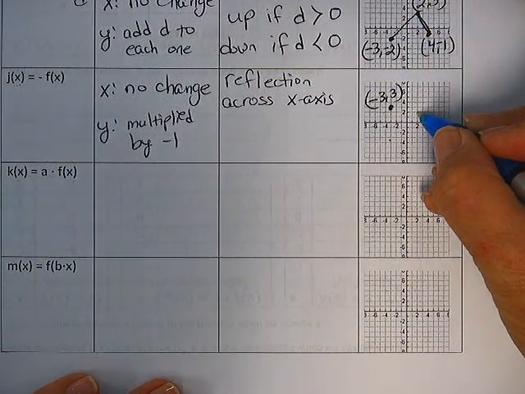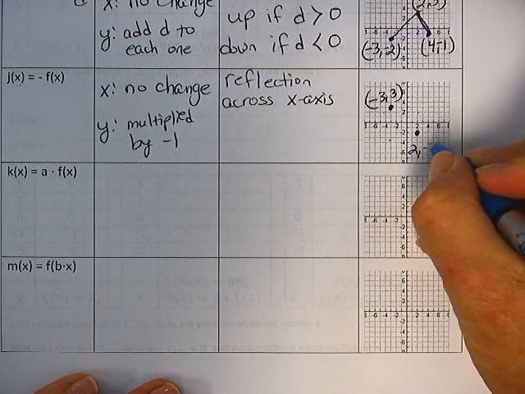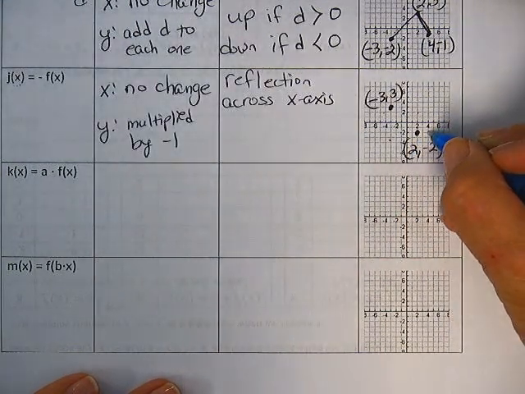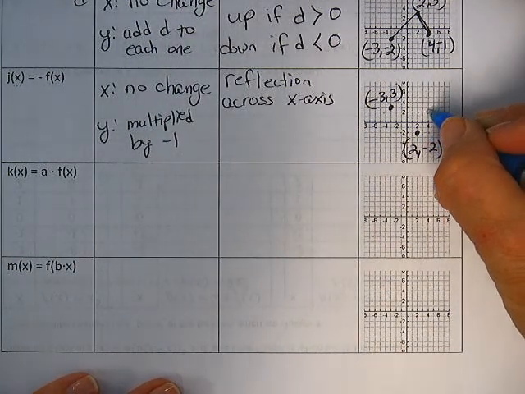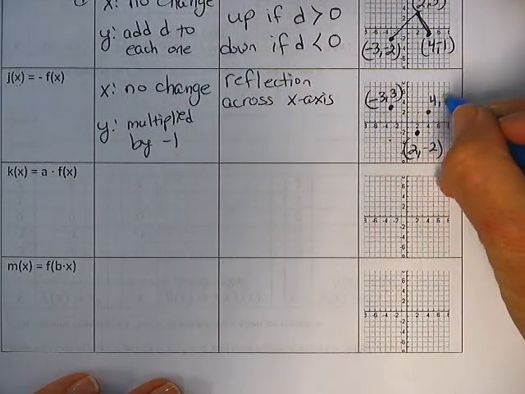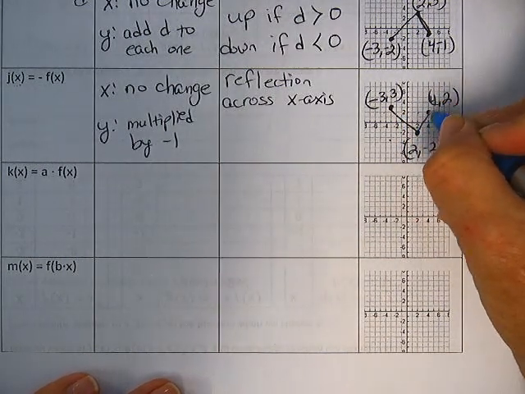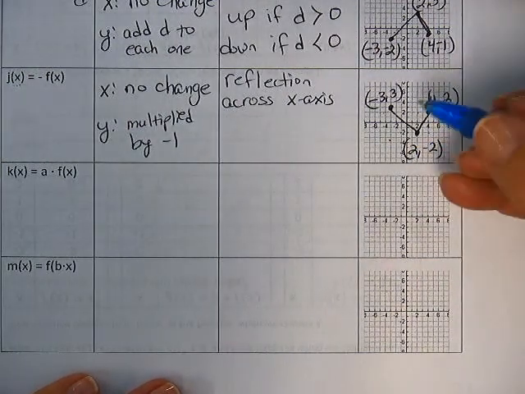X stays the same, y is negative. So that is now at (2, -2). And our final point had been at (4, -2). It's now going to be at (4, 2). And if we connect these, we have the same shape but it has been reflected. It's been flipped over.